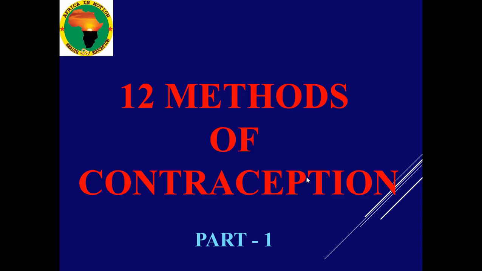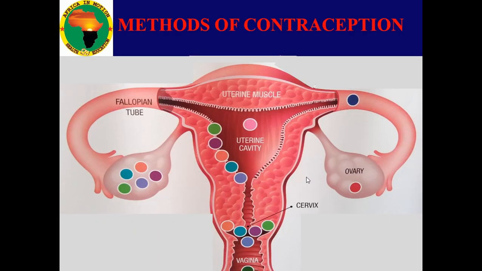In our health education, we are going to talk about 12 methods of contraception. All these methods will be around the female reproductive system and male reproductive system.